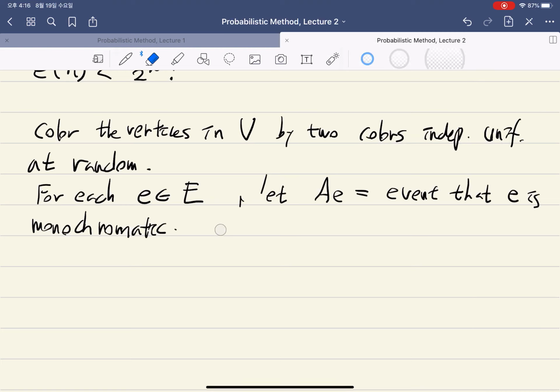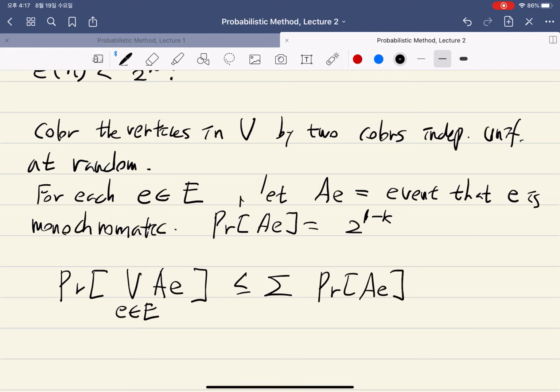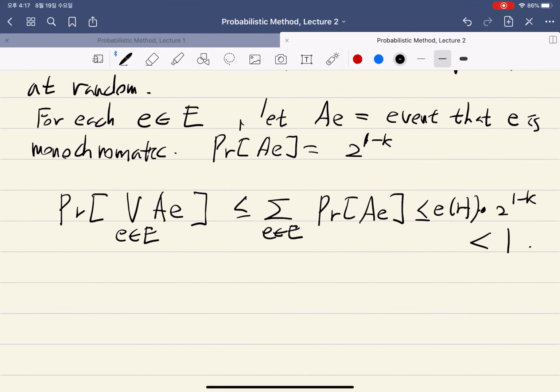Then what's the probability of this event? It's 2 to the 1 minus k. Then if you consider the probability that at least one event happens, that at least one edge becomes monochromatic, it's bounded by the sum of the probabilities of each one of them, the number of edges times 2 to the 1 minus k, which is strictly less than 1.